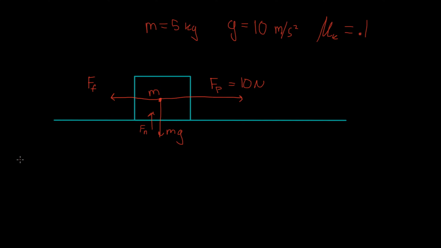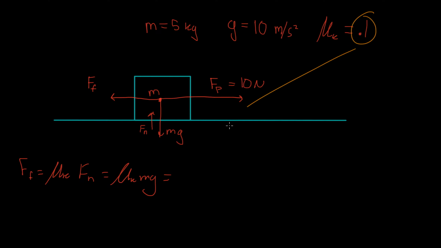And so if we remember, the force of friction is always mu sub k times the normal force, which in this example is mu sub k times mg. In this example, if we bring this in, let me do this in a different color, that gets us 0.1 mg.